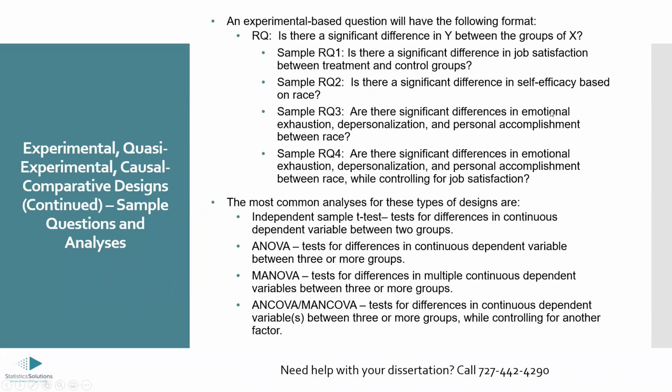If you have multiple dependent variables, as we do here, we have 3 dependent variables, 3 measures of burnout, you can use a MANOVA, which stands for a multivariate analysis of variance. And then we have the control aspect, where you control for a factor. And this is where you use an ANCOVA or a MANCOVA. So that's an analysis of covariance.